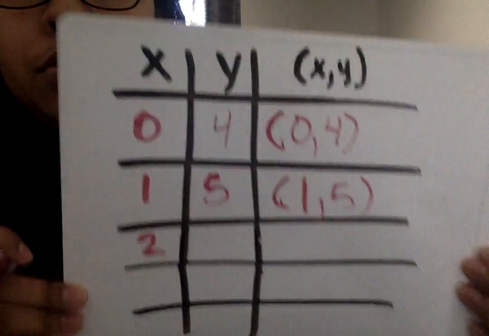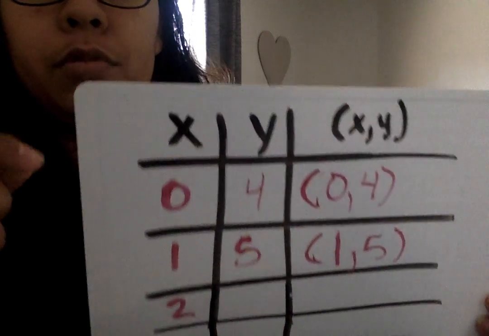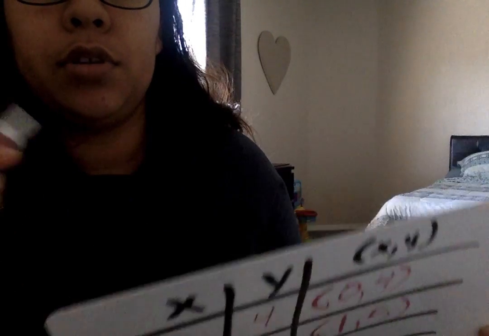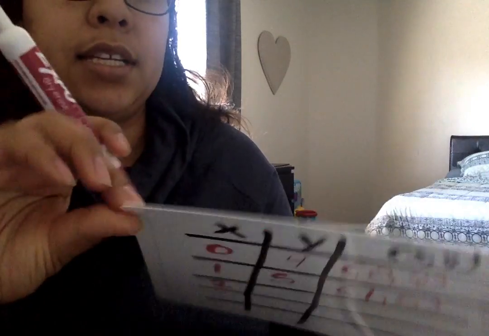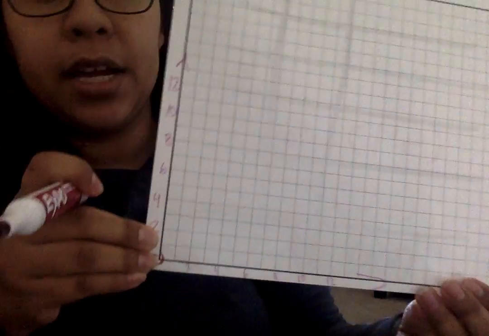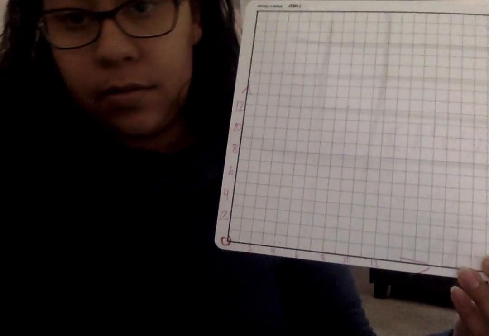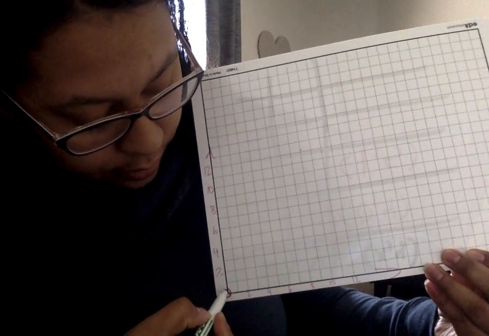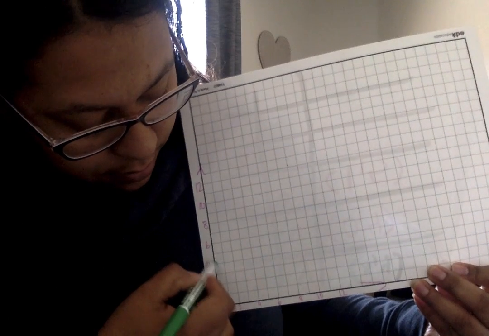Now the coordinate pairs that we created on the table are what you're going to plot on your coordinate plane. The first one would be 0, 4. So 0 on the x-axis, 4 on the y-axis. Let me do that in a different color. Let's do green. So 0 and then up 4, so that'd be about right there.